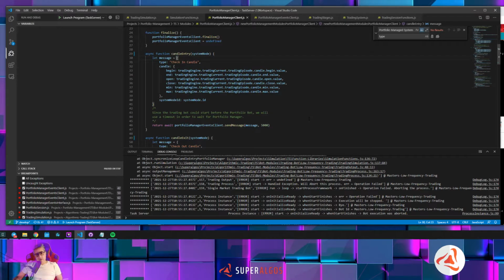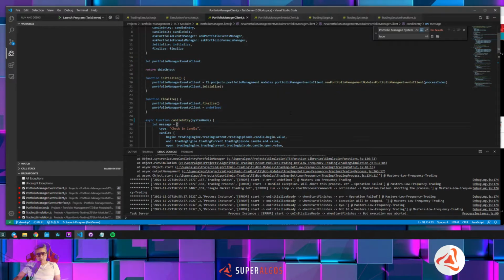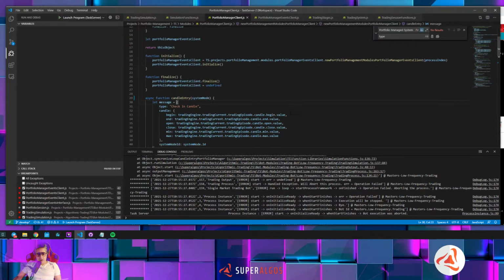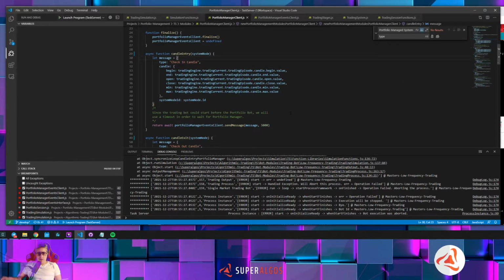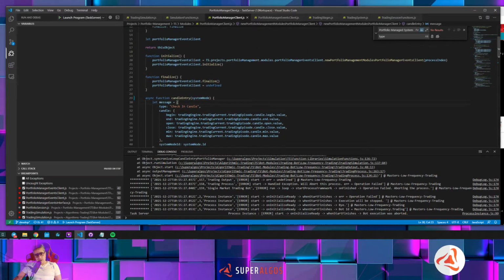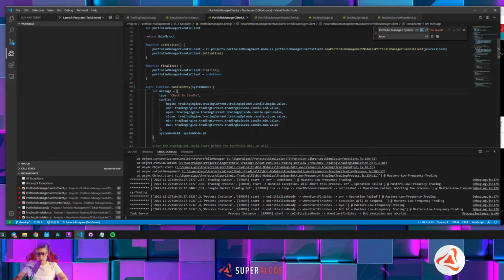There are two ways to solve this. Either I reference the trading engine, or I get a candle as a parameter. I prefer the candle maybe because then this doesn't know too much about the trading engine itself.